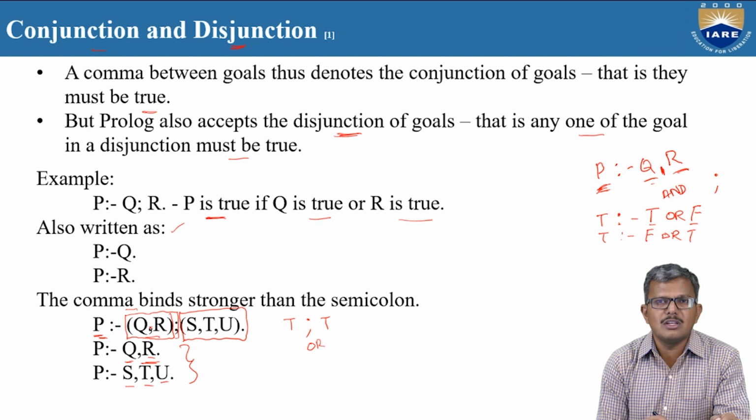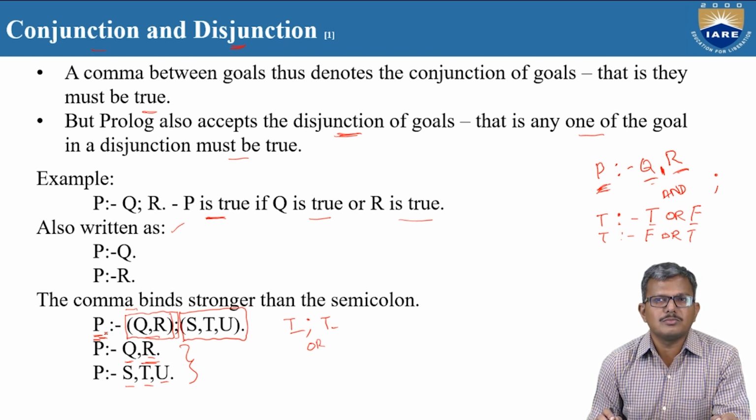But when it comes to the result of QR and the result of STU, it's not necessary that both should be true. Even if one of the portions gives the result false, you can still prove that P is true. This is how we need to understand these kinds of statements in Prolog.